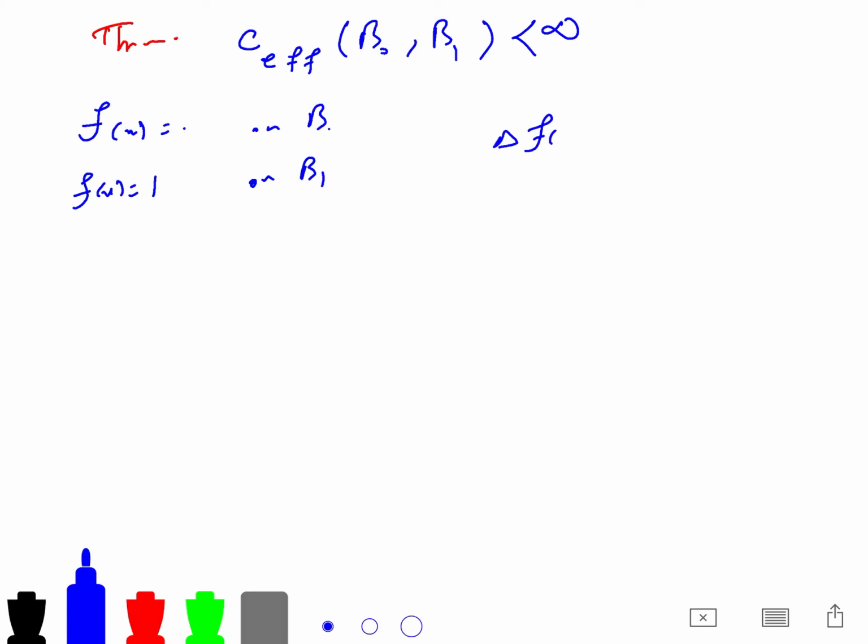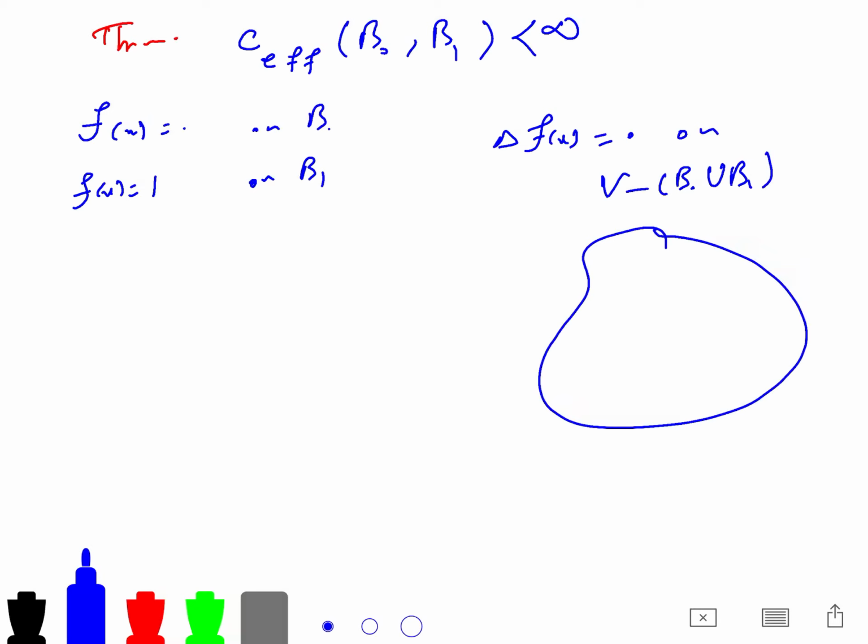And also it satisfies the Laplace equation on V minus B0 union B1. So imagine we have some vertices of the graph. We have x0, we have B0, we have B1.